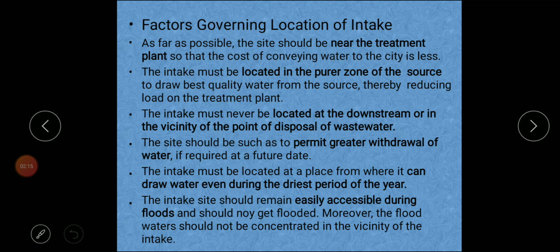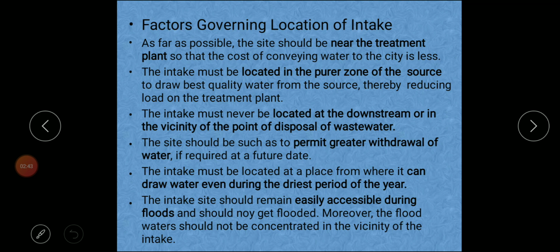Second, the intake must be located in the pure zone of the source to draw the best quality water from the source, thereby reducing the load on the treatment plant, which means the quantity of treatment is very little.